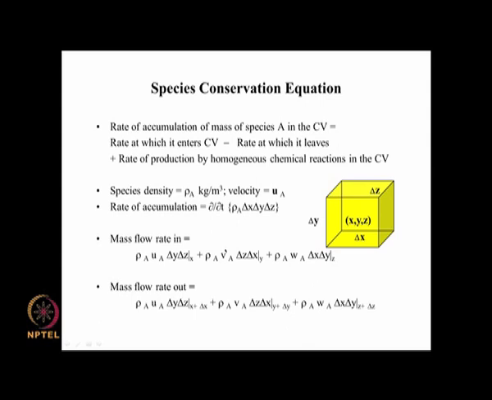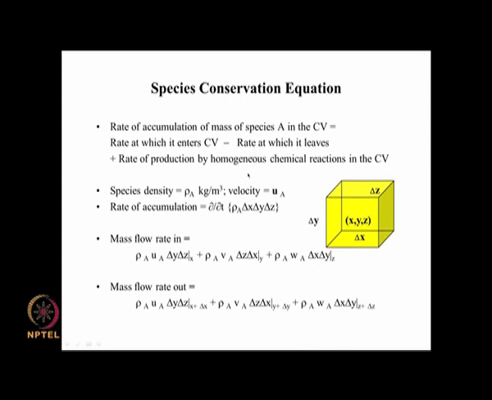So all the variable values here are always evaluated at the centers of the corresponding faces. So with that we can say that we know how to evaluate the rate of accumulation term, and the rate of inflow and rate of outflow.